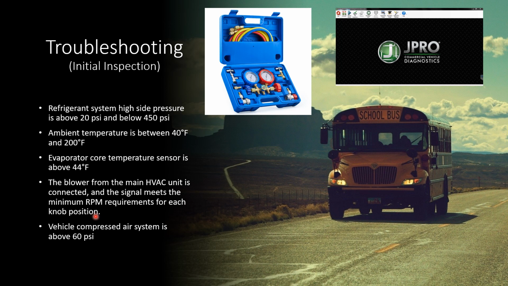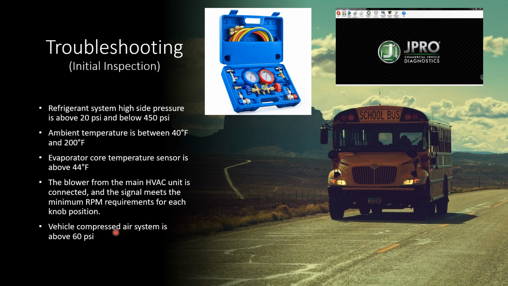The very last thing we're going to do is make sure that the air system is above 60 psi. Now remember, the condenser is designed to cool the refrigerant and turn it into a liquid, right? Now it cannot do that if you are idling and standing still, because there's no airflow going through the condenser.